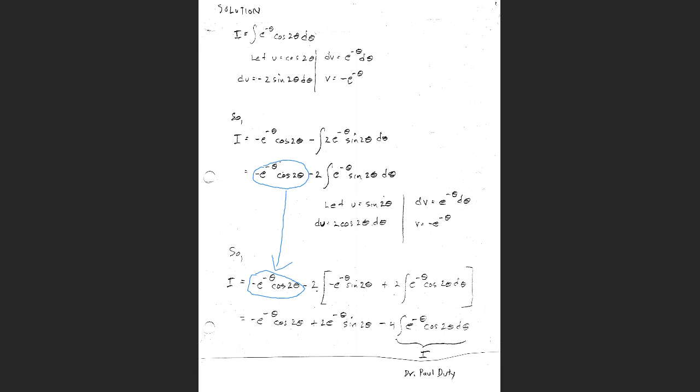I'm just bringing that down. And then the rest of it is this part, minus 2 times something. That's that minus 2 there. And then here's the integration by parts that I did on the integral.